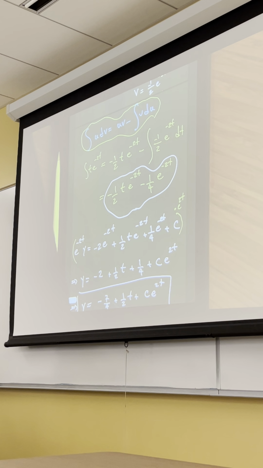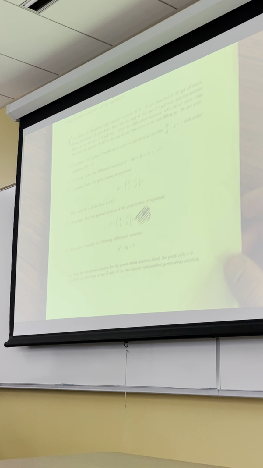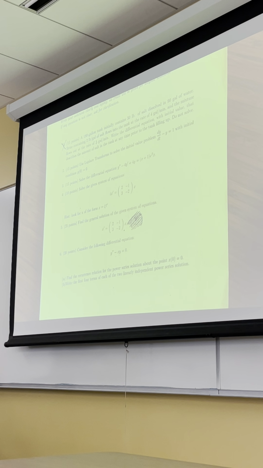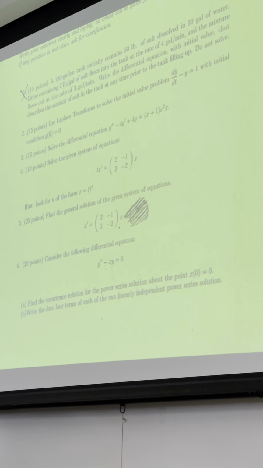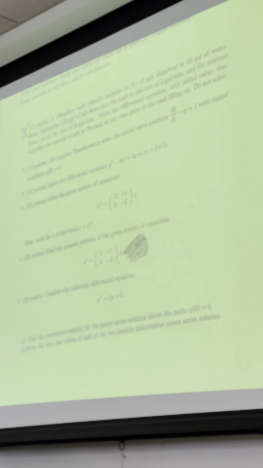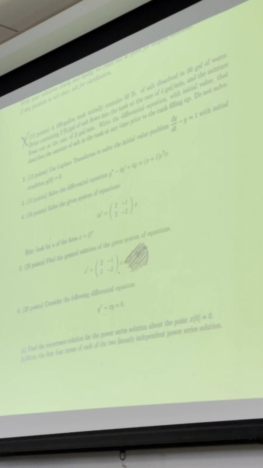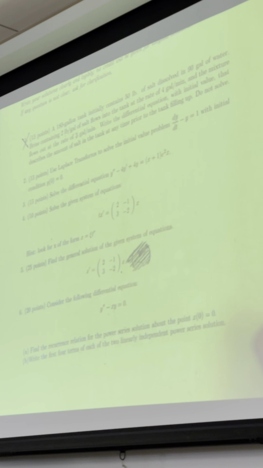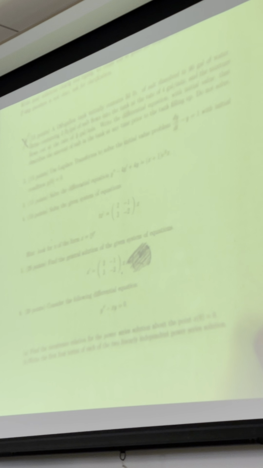Don't worry, I'll give you a sample, but this is what my final looked like a few years ago. It was 6 problems. That's it. But 2 hours, you've got to be good to finish it in 2 and get a better grade. So you've got to be strong in all aspects to be successful in this class.